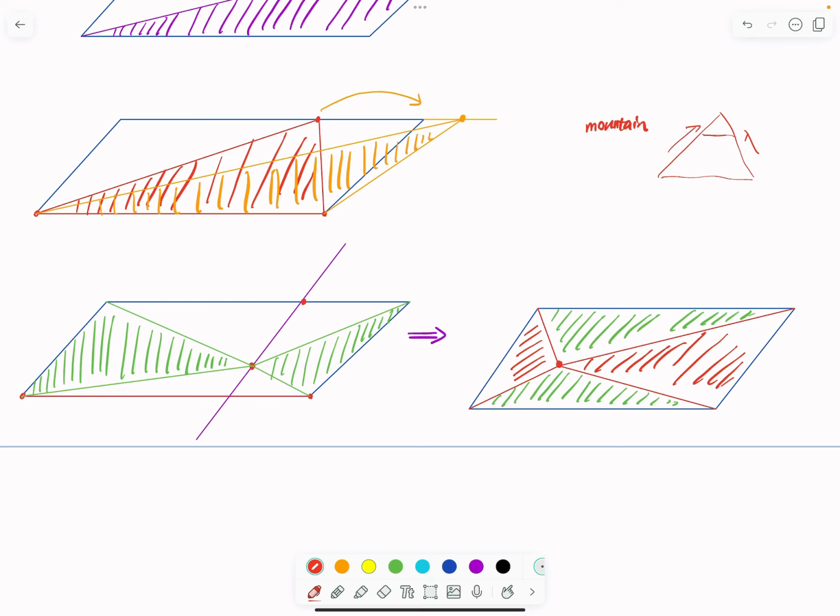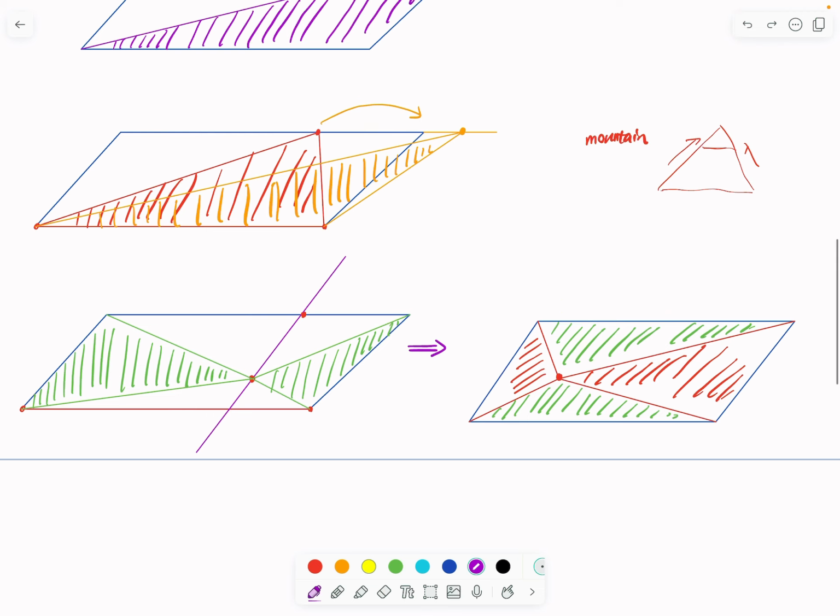We can easily prove that. How to prove? We just move this point to here, and it will be the same as this part, okay? So the conclusion is top plus bottom equals left plus right, equals half. So this is also a kind of half model inside the parallelogram.